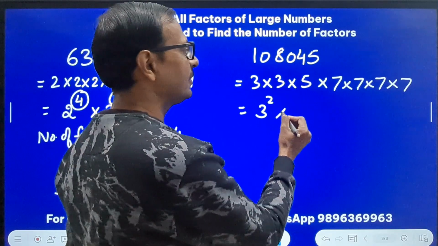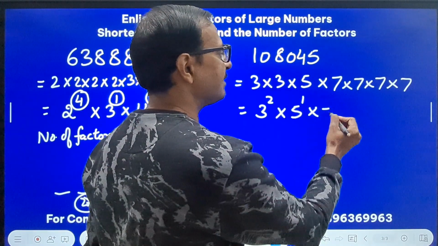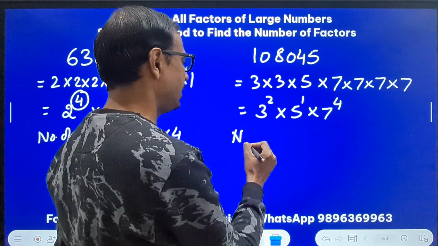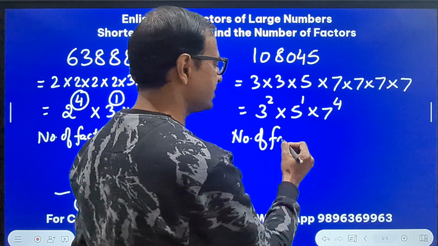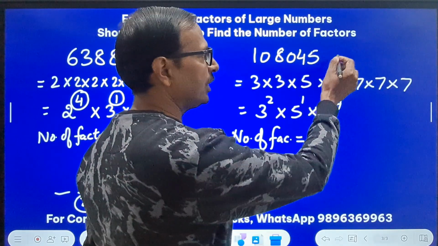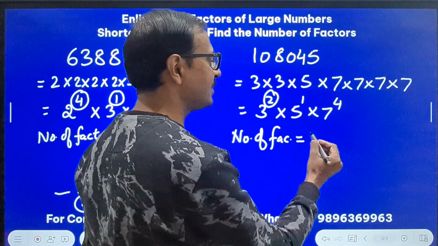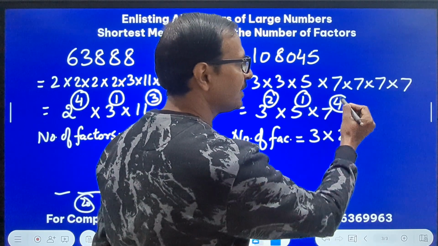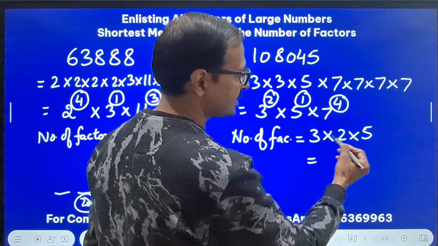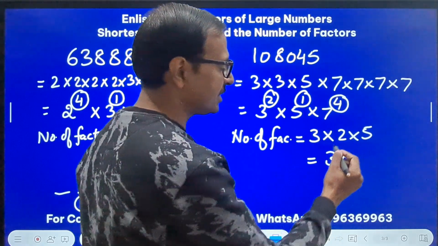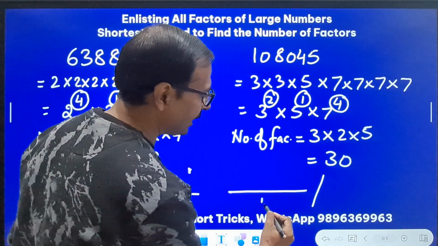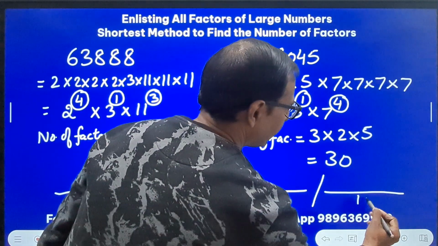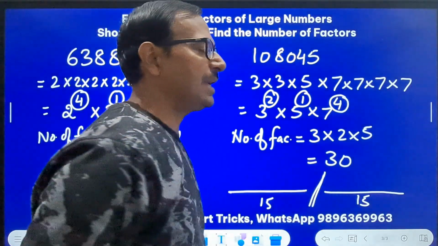This is 3 square, 5 power 1 and 7 power 4. So the number of factors of this number 108045 will be, increase this by 1, 3, increase this by 1, 2 and increase this by 1, 5. So this is 6 fives are 30 factors. 30 factors means 15 on the left and 15 on the right, and that's it.